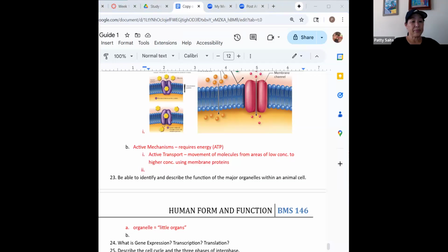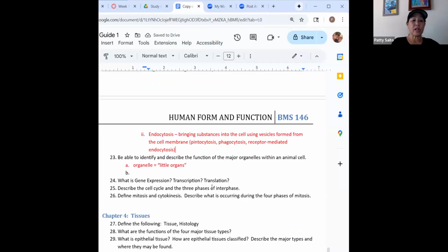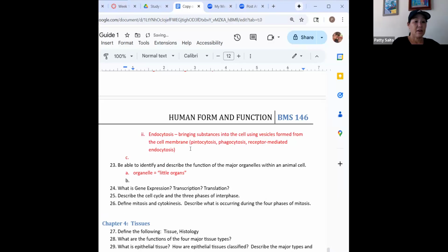So let's look at some other mechanisms. These are a little bit more specific. The first one's called endocytosis. Endo means within. So this is a cell bringing something into the cell, and it does it by way of vesicles forming. I gave you an example of bringing a bacteria in.